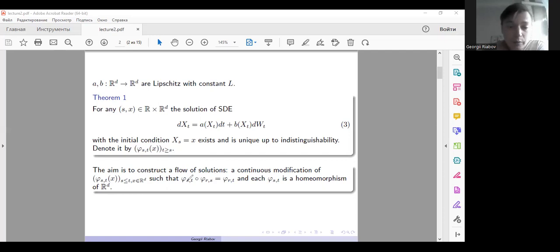That is, we want to find a modification of phi_st(x) that are linked by the flow property, meaning that the composition of mappings phi_rs and phi_st equals phi_rt, and also, as it was in the case of ordinary differential equations, we want each phi_st to be a homeomorphism of R^d. Okay, so now let's proceed with this task.